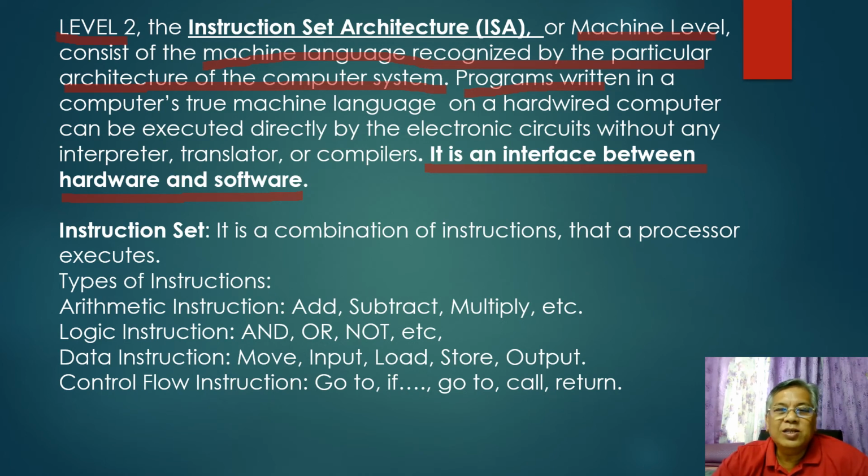Okay? Now, this instruction through ISA will now be forwarded or transmitted towards your hardware. And your instruction, for example, the word add here, will now be executed by your processor. Okay? So that is how it works.